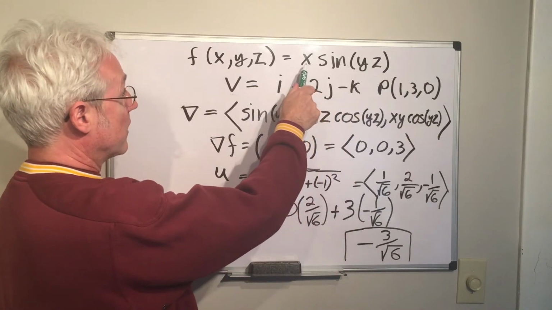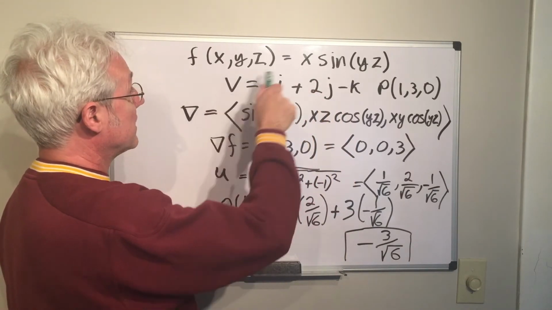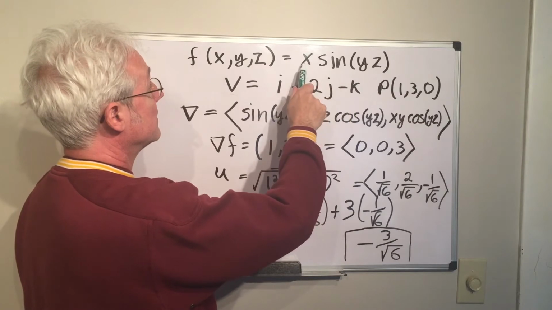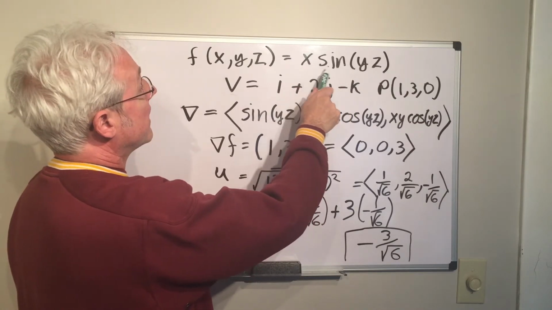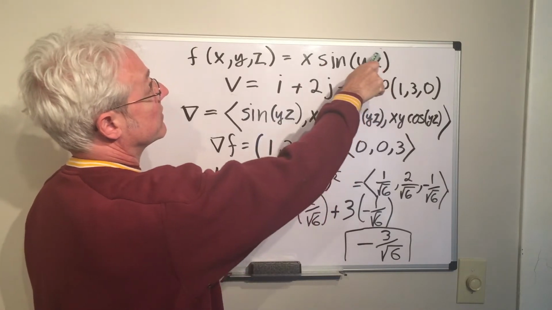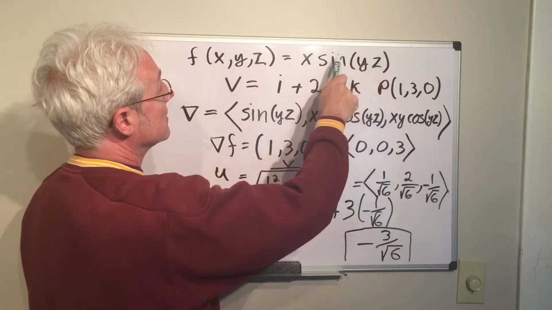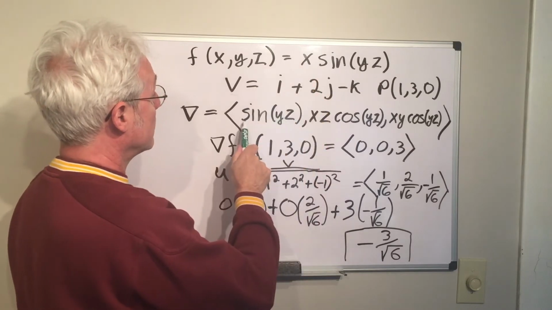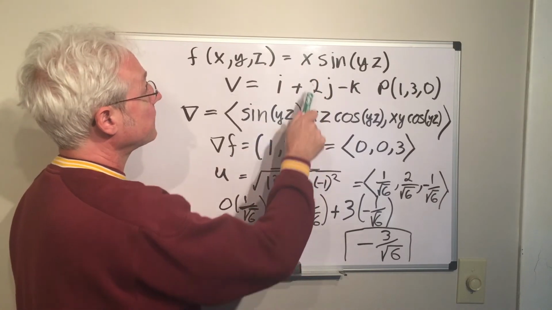So, in order to find the gradient, first of all, we take the partial derivative with respect to x, and that is basically x times this constant. So the x goes out and we're left with sine of yz.